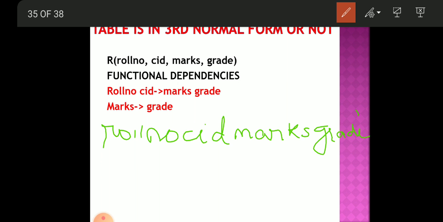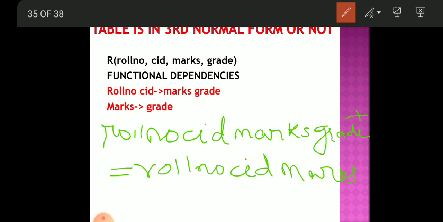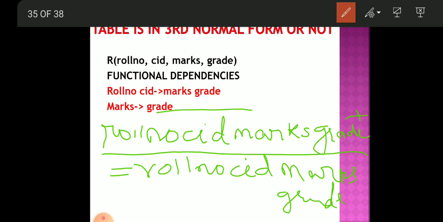If we take the closure of these four attributes, we know that we'll get all of them due to reflexivity: roll number, CID, marks and grade. So this is definitely a super key, because if we take all the attributes, then we get all the attributes. But now we have to remove those attributes which are extra.